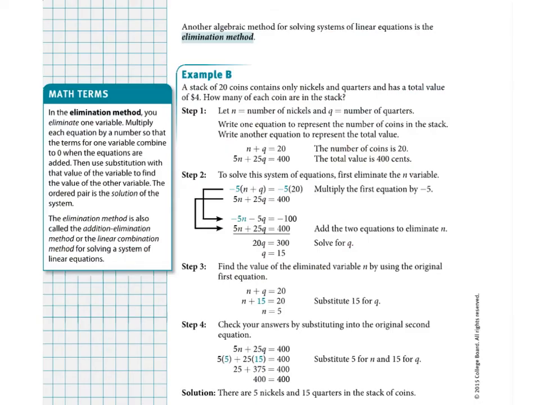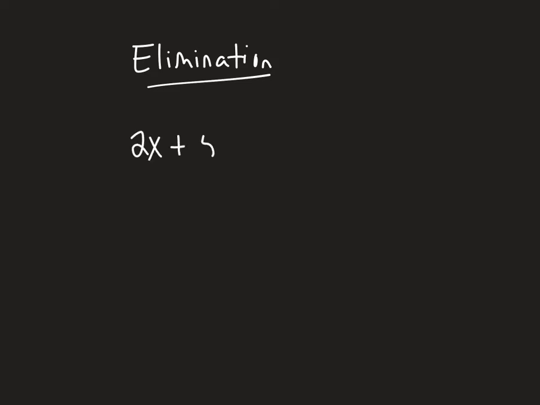Okay, and there's one other method that sometimes is useful called elimination. Let me just make up a quick problem here so you're going to see why the elimination method might be quicker on certain problems. Let's just say, for example, 2x plus 5y equals 10, and then x minus 5y equals 1, something like that.